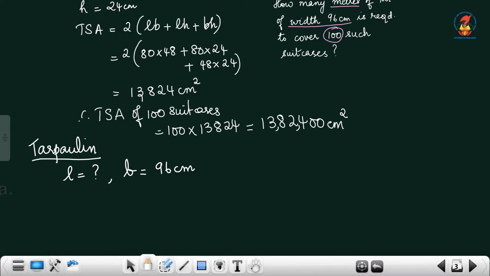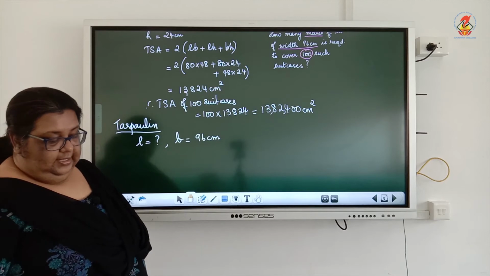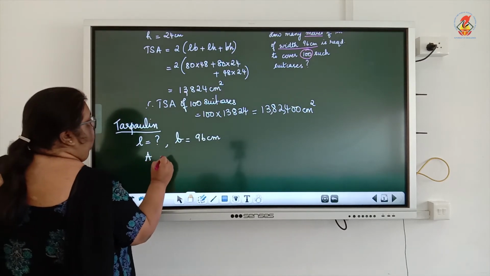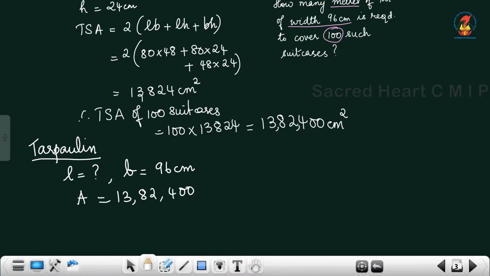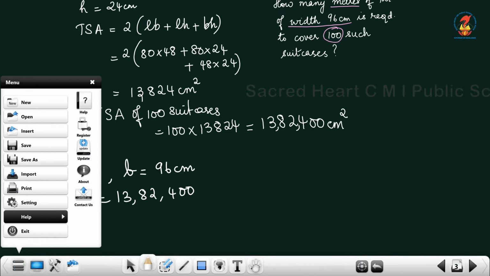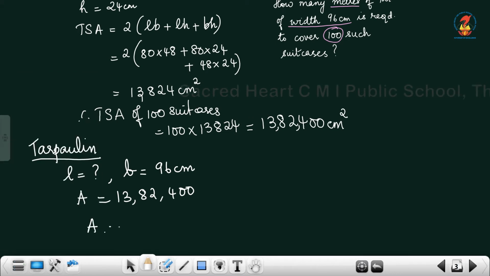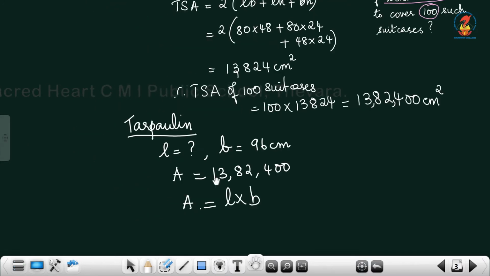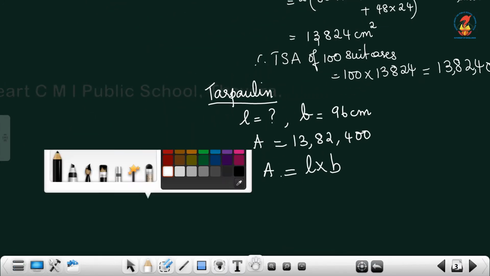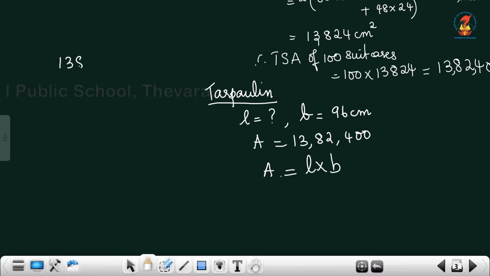So what will be the area of the cloth that covers 100 suitcases? That will be 13,82,400. We know the area, we know the breadth. Now we should find the length. Area is equal to length into breadth. That is 13,82,400 is equal to length into 96.